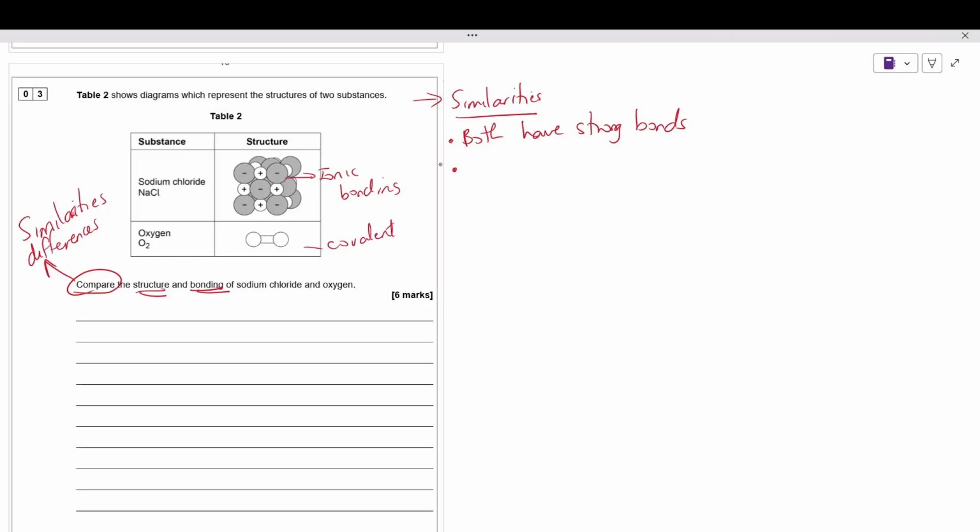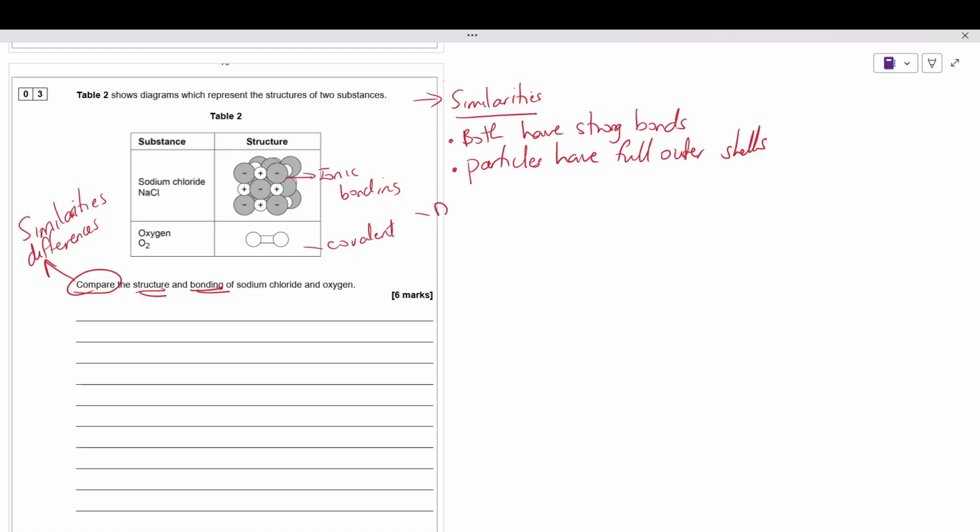So that's a similarity in terms of bonding. And in terms of structure, each of them has a full outer shell, because that's the aim of bonding, for these atoms to have a full outer shell. So we can mention that particles have full outer shells. Those are our similarities, one representing structure, the other representing bonding.